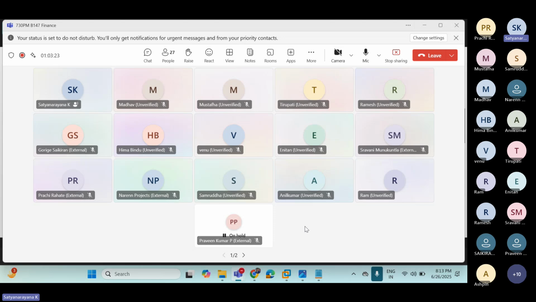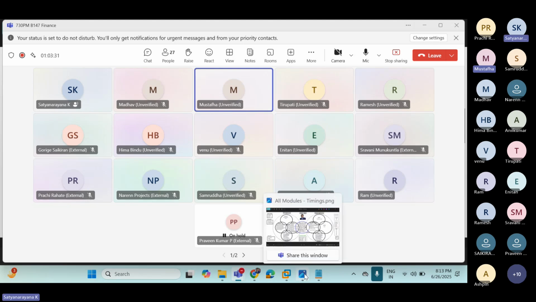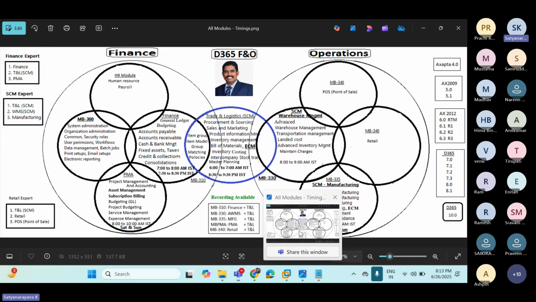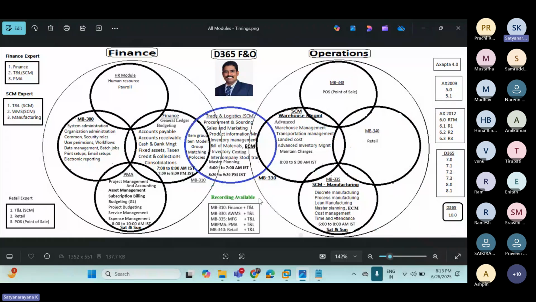Anything else? Sir, do you provide recorded session videos through LMS, or do we have to download manually? You cannot download these files. I will give them to you through Teams links, which I will share with you.